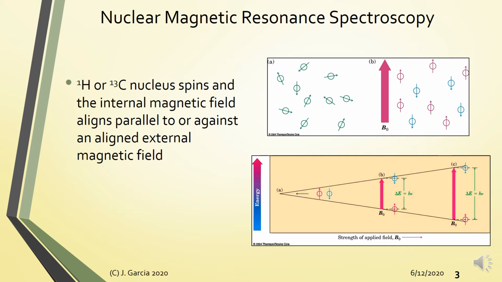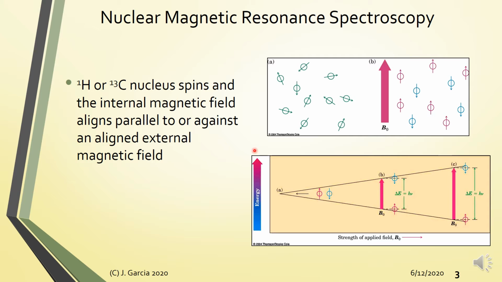Alright, no? So for any nuclei, each nuclei actually spins along its axis, okay? And it has its own internal magnetic field, no, because of this spinning action.